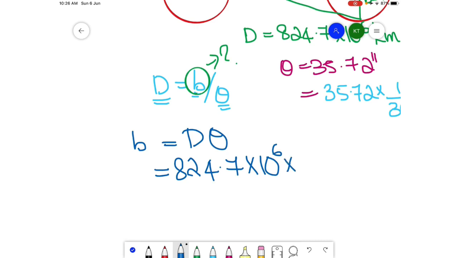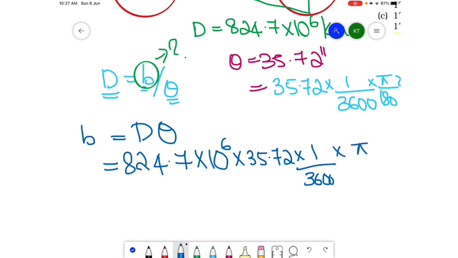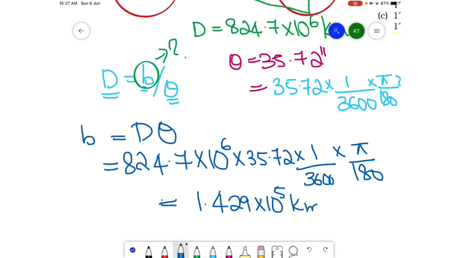Theta will be equal to 35.72 into 1 by 3600 into pi by 180. So this will give us the answer 1.429 into 10 power 5 kilometer. So this is the diameter of Jupiter.